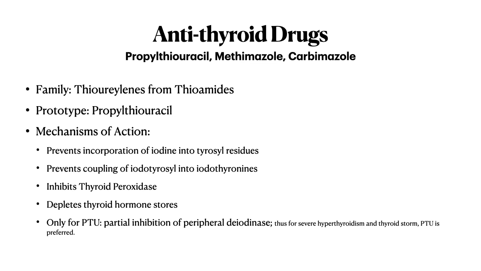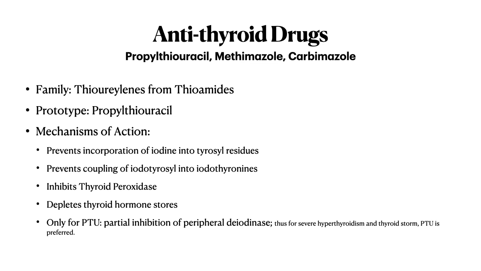So, how does it work? Because it is an inhibitor of thyroid peroxidase, it will inhibit the incorporation of iodine into tyrosyl residues. So for this one, remember how thyroid hormone is synthesized.